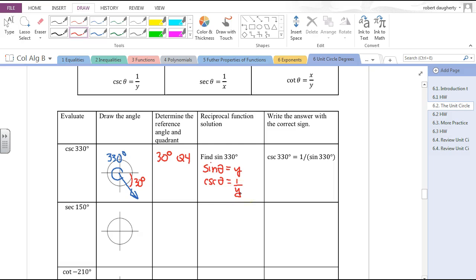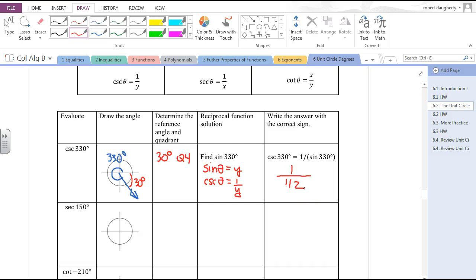So go to 30 degrees. What's the y coordinate at 30 degrees? 1/2, right? So this answer is going to be 1 over 1/2.